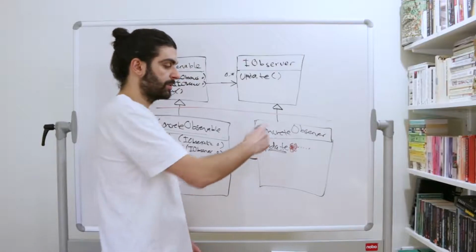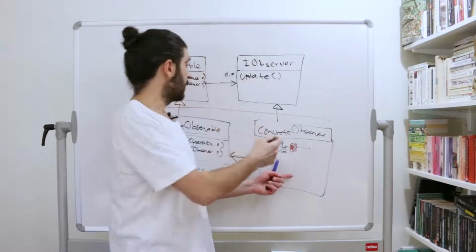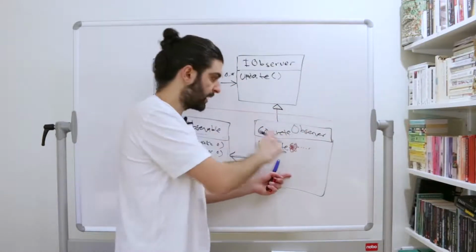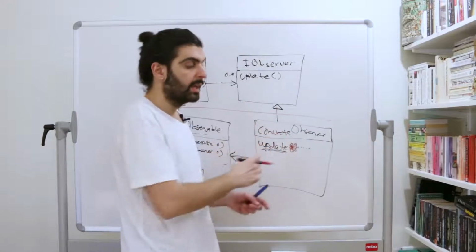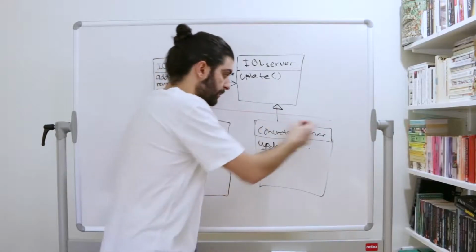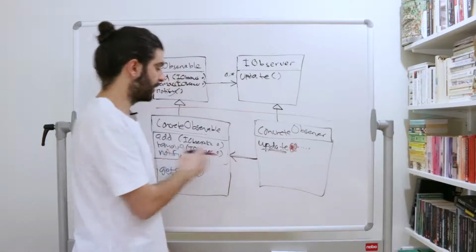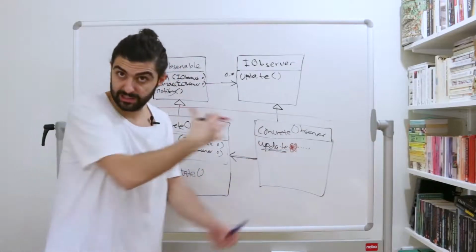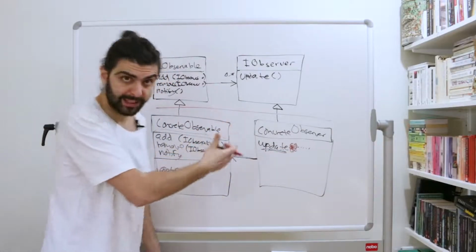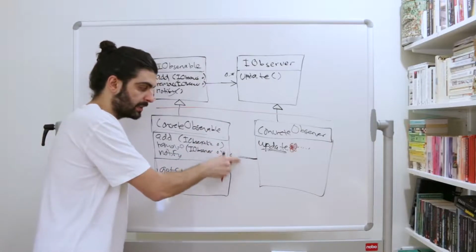Remember how we passed the observable through the constructor to the concrete observer? That means you don't have to do that. The observer doesn't need to have a reference to the concrete observable, which in terms of this UML diagram means that this arrow disappears.